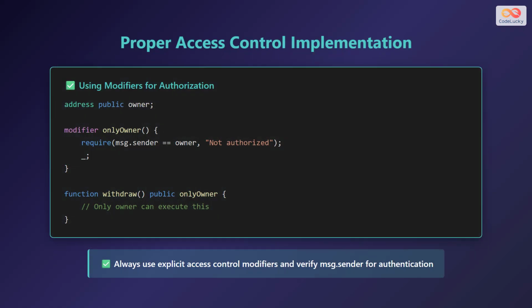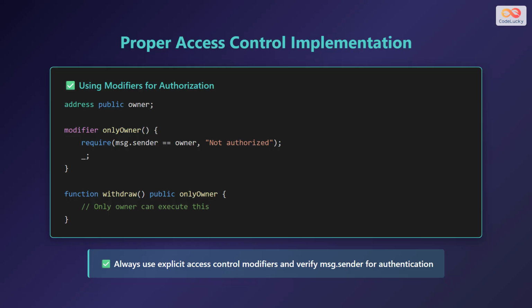Proper access control requires explicit authorization checks using modifiers. First, store the owner's address in a state variable. Then create a modifier called onlyOwner that checks if message sender equals the owner address. If not, it reverts with a not authorized error message. The underscore symbol indicates where the function body will execute.